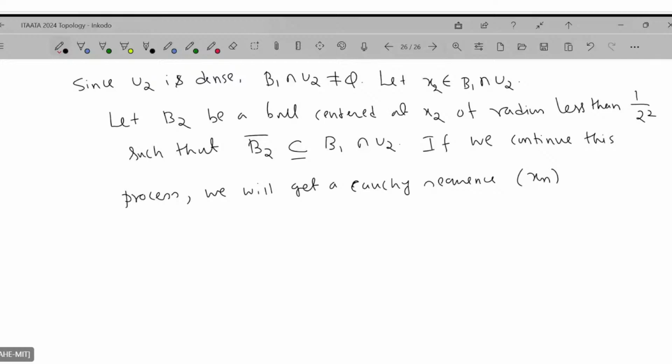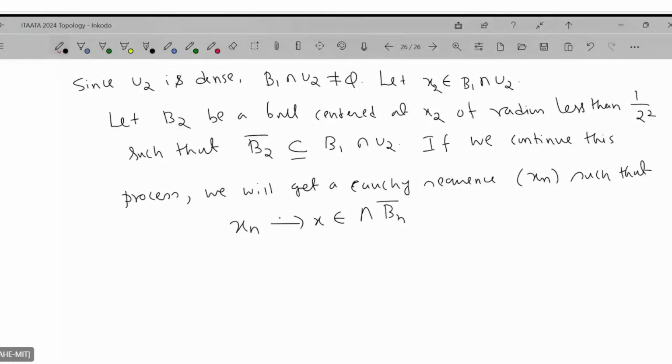Xn will converge to a number inside of all these Bn closures.